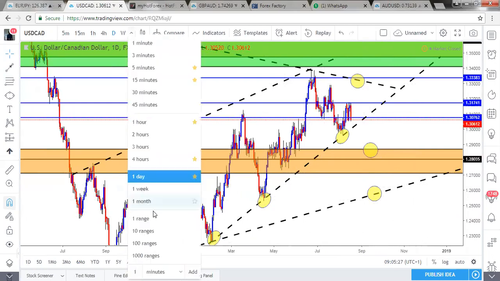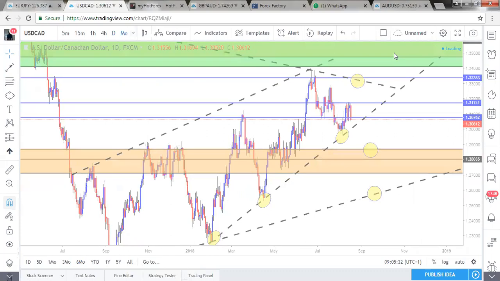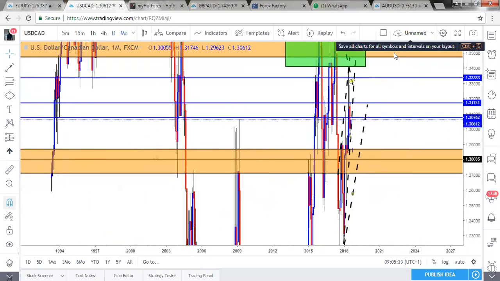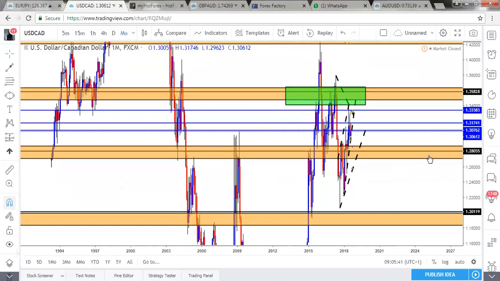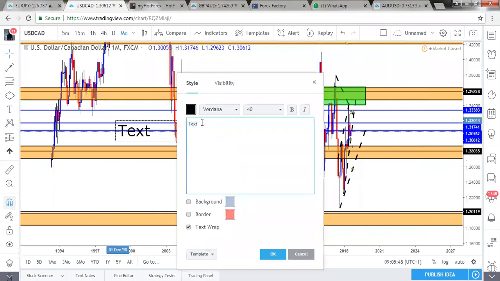So once again, you have to go to the monthly time frame and mark out support and resistance zones. So I'm going to type them again. The basic confirmations to take a trade: support and resistance.